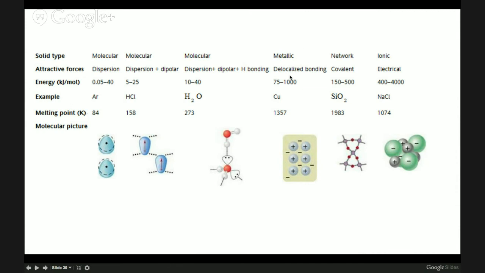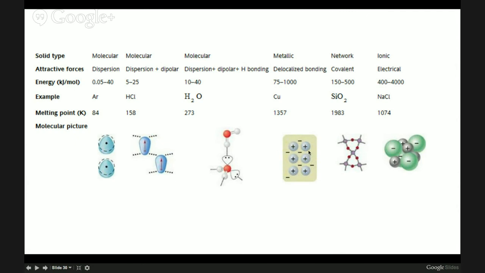All right, now look at the melting points that go up. Metallic, we should know, is delocalized bonding of metals. The melting points are tremendously high. Ionic are very high, sometimes much higher because of the positive negative structure. And then we have the what? Covalent compounds that make bonds in all directions. Remember, the crystals that we have, especially for ionic, are just positives and negatives. For metallic, it's that face-centered cubic close packing that we've talked about, or body-centered, doesn't matter.